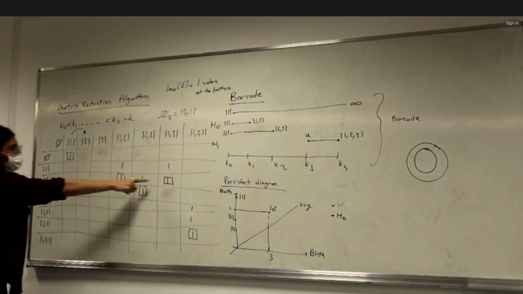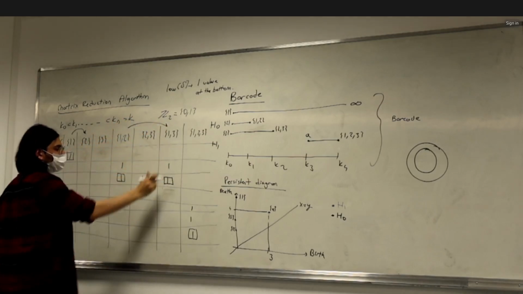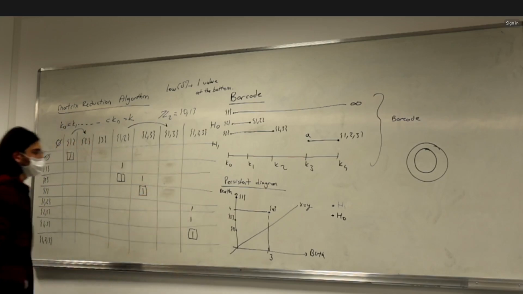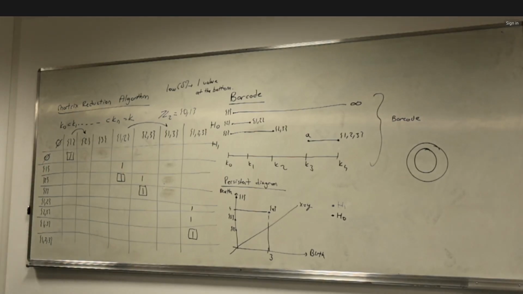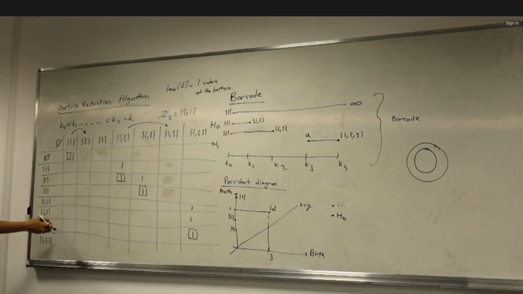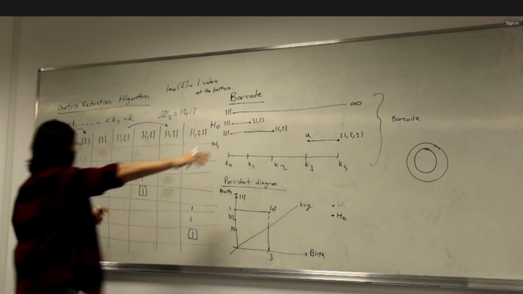But since that 2 has been taken before by 1, 2, we add 1, 2 to this. And this will be a 0 column at the end. If you look closely, you will see that 1 is paired with the empty set, which means it is not killed by anything, so it goes to infinity.